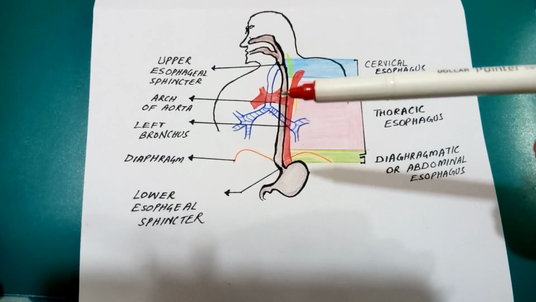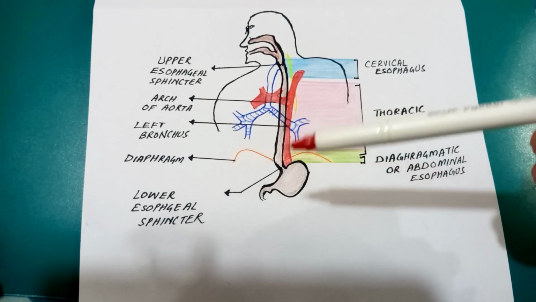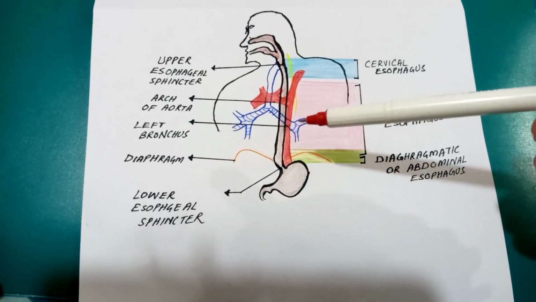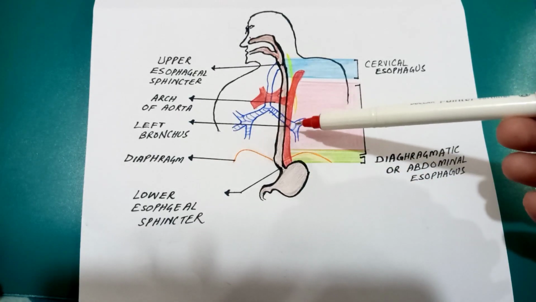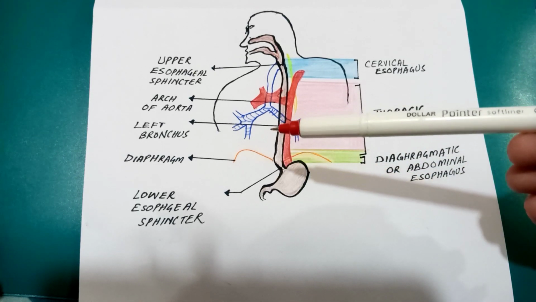This parasympathetic supply is sensory, motor and secretomotor in nature, while the sympathetic nerve supply is from the middle cervical and the thoracic ganglion, and it is only vasomotor in nature.